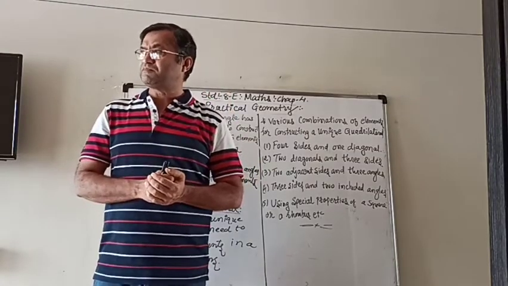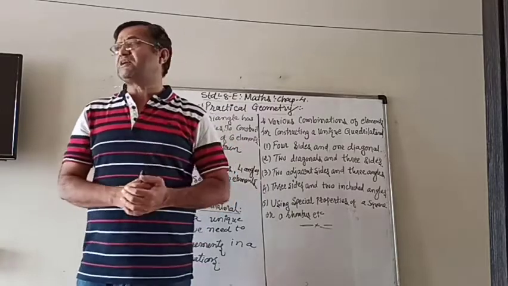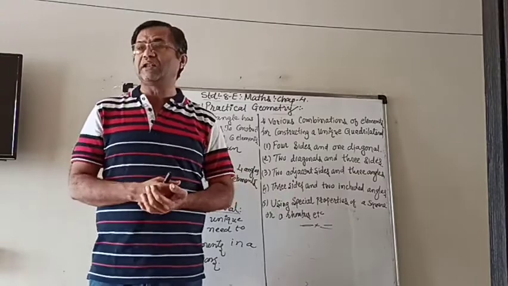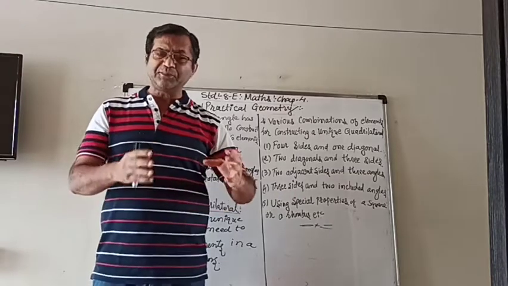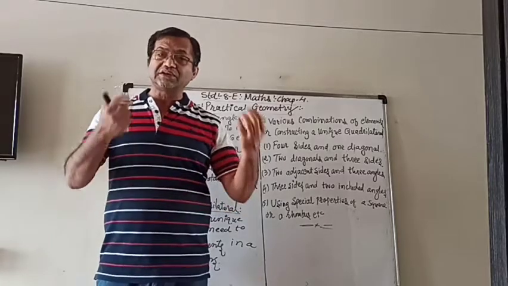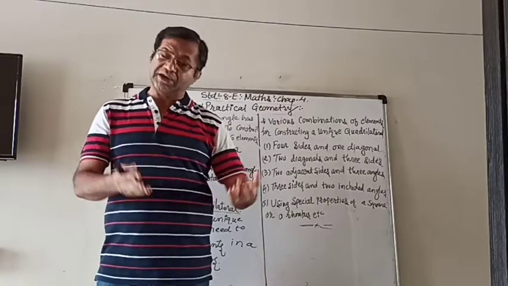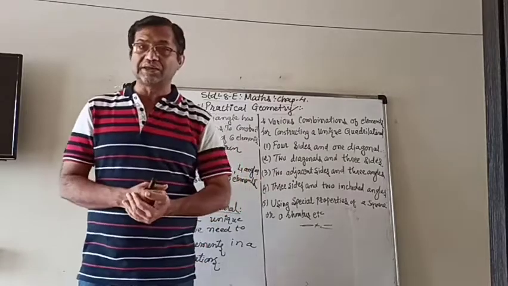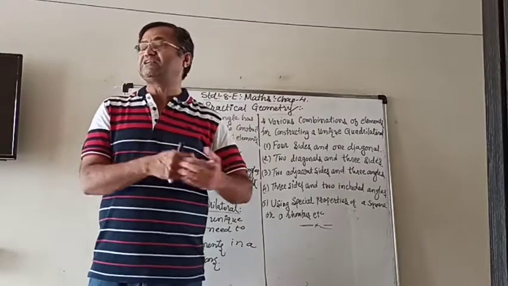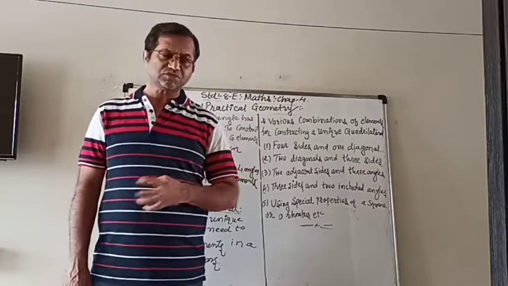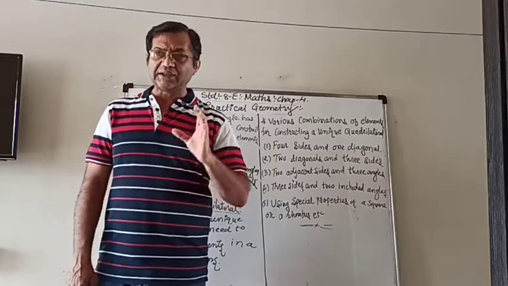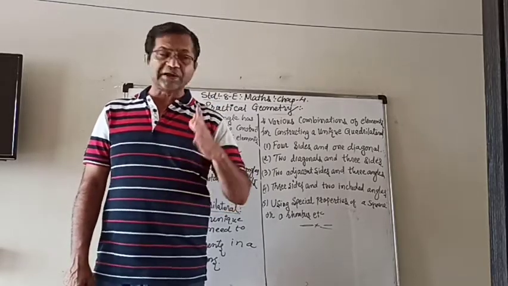Because sometimes 5 measurements are given but to draw some side or some angle, if the specific measurement is not there, then we cannot construct the quadrilateral, or we can construct but not uniquely. It means people can take their own measurement when certain measurements are missing. So there must be a special combination, and those combinations are given here.